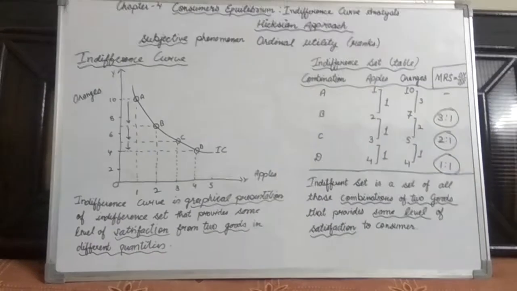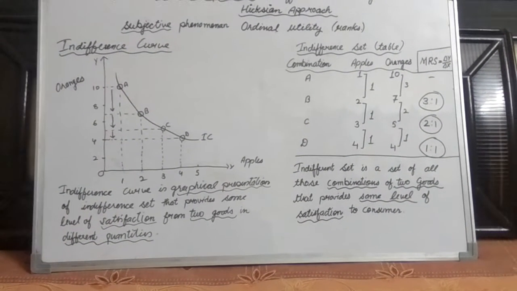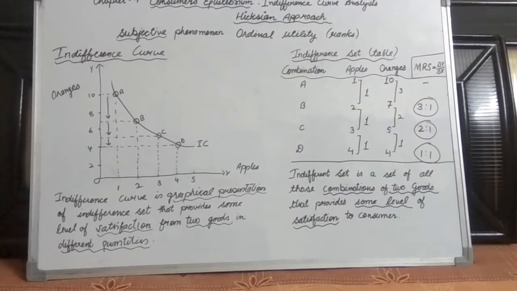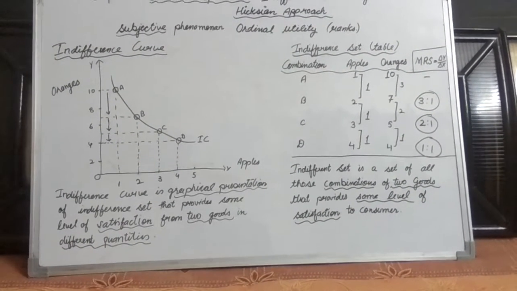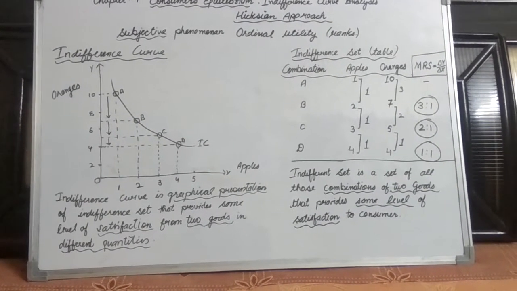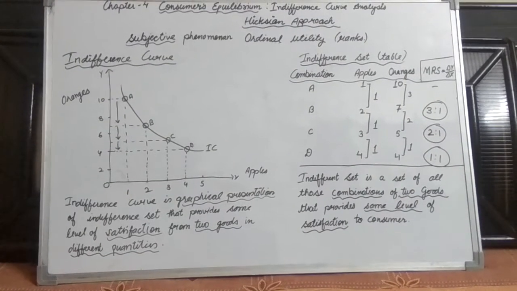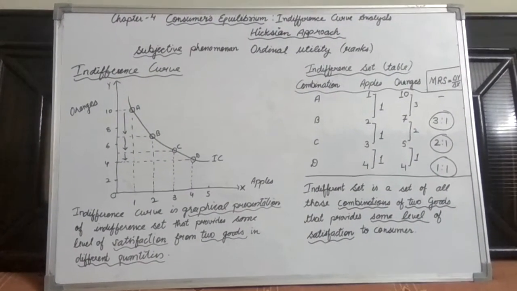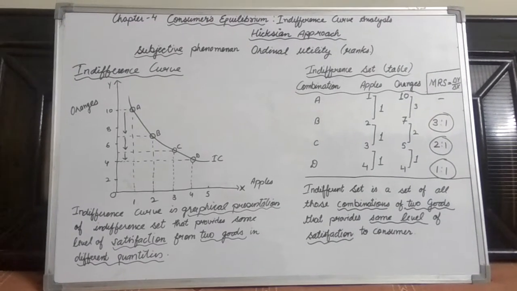Now let me discuss the plotting of the indifference curve. In the set we have two goods, apples and oranges. The variable whose value is increasing, that is apple, will be plotted on the x-axis, and the second variable whose value is decreasing will be plotted on the y-axis.